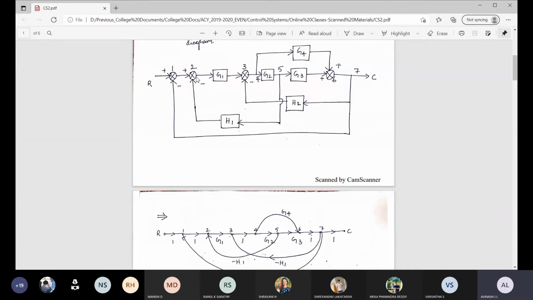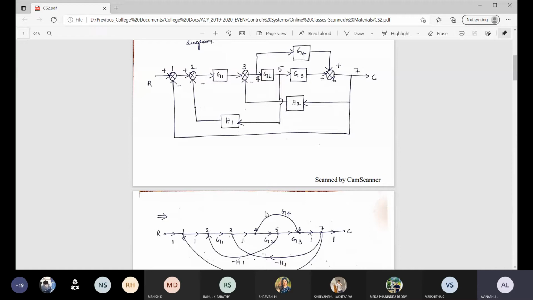From 2 to 3 there is G1, so that gain G1 is considered as the branch value G1. From 3 to 4 it is 1, because there is nothing between 3 and 4.